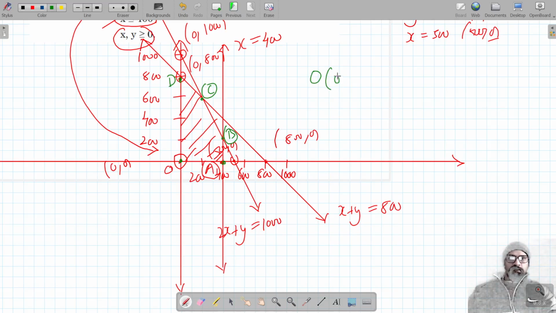The first one is 0, comma 0. The second one is A, which is 400, 0. The third one is B, which is 400, comma 200.